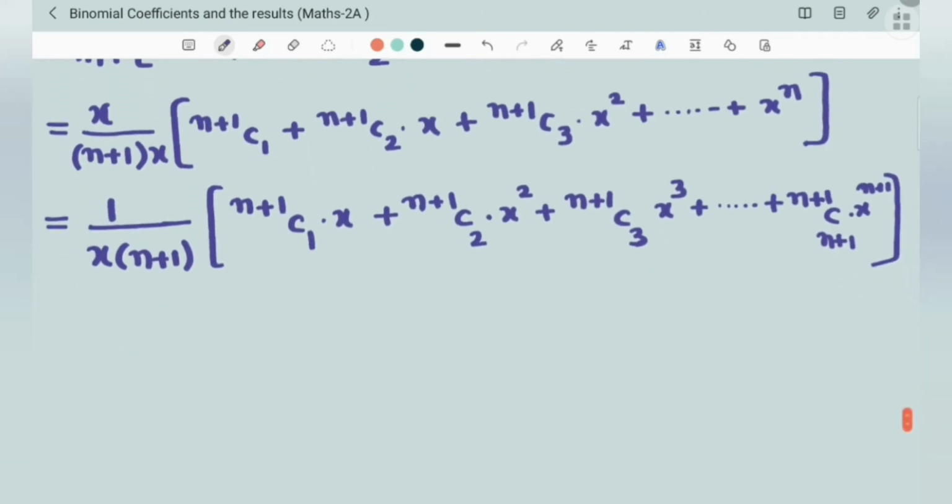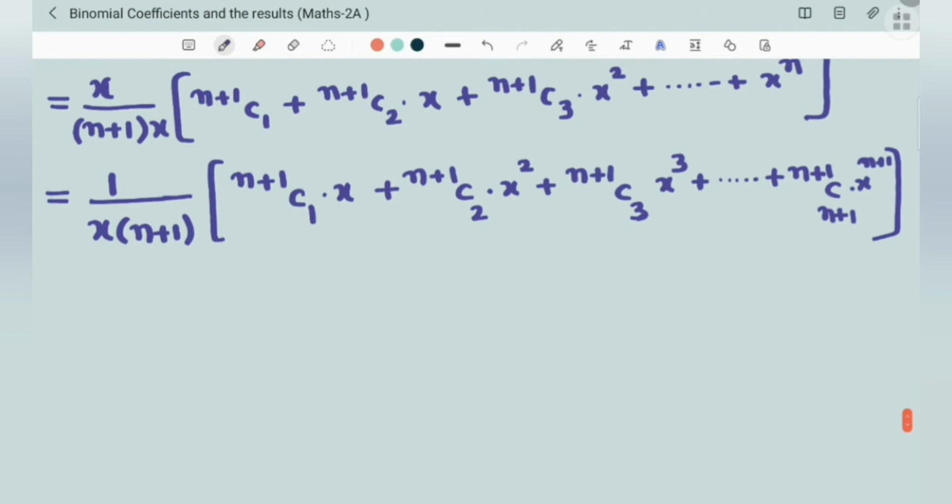So in the next step, we know the binomial expansion. Here n is equal to n plus 1. But here we start with n plus 1 c1, n plus 1 c2 and so on, till n plus 1. For every binomial expansion we need n plus 1 c naught also, no? So 0 is not there. What we have to do is, to get the term 1 by x into n plus 1, here we are adding n plus 1 c 0.